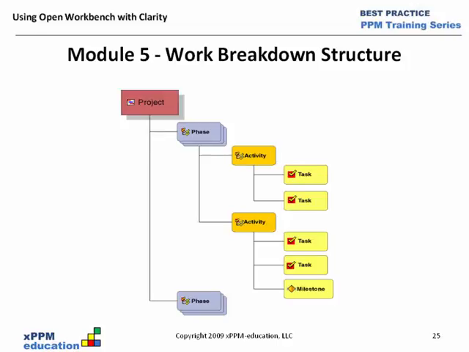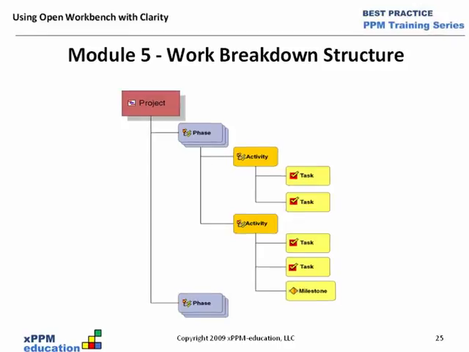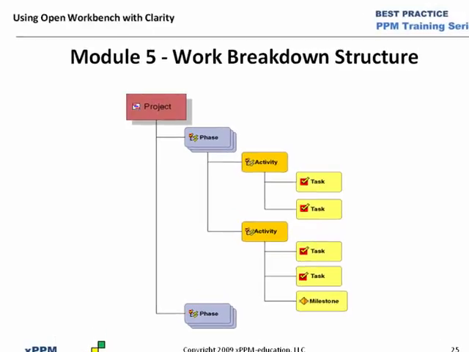And it's a key distinction in Clarity and Open Workbench in between the two, because in Clarity Open Workbench, all work is defined at that detailed task level. So when we define dependencies between the tasks, it is at the task level. We will never define dependencies at the activity or phase level. We'll do it at this detailed task level.